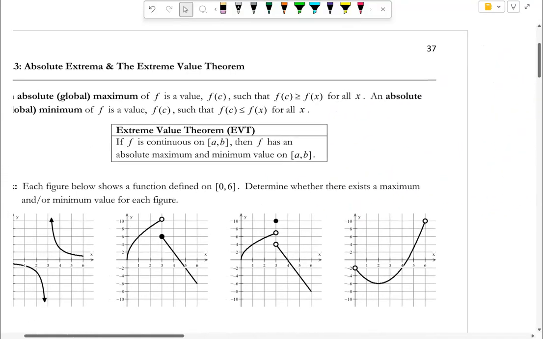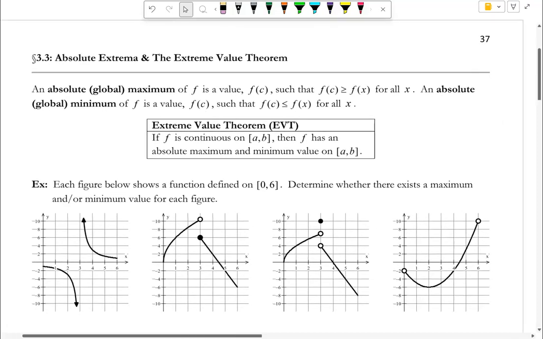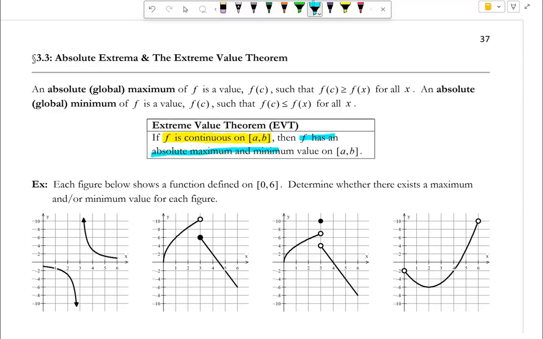So we have a couple of examples of finding absolute mins and maxes on an open interval. But the extreme value theorem tells us that if f is continuous on a closed interval from a to b, then f has an absolute maximum and minimum value on this interval.